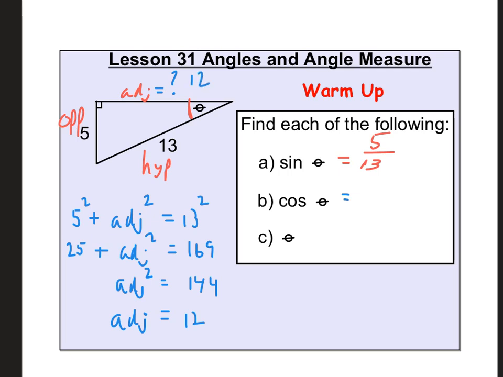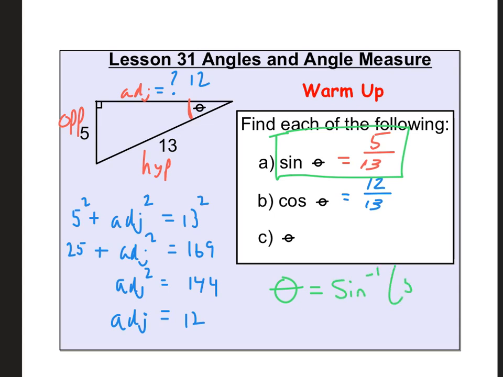If the adjacent side length is 12, the cosine of the angle is just the adjacent side over the hypotenuse. Okay, and then to actually find theta, the measure of that angle, you could use either one of these. We know that theta would equal, let's just say I use the answer to part A. Remember, if you want to solve that equation for theta, you need to do the inverse trig function.